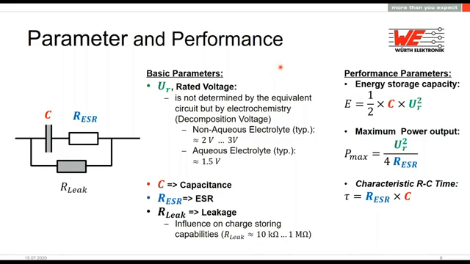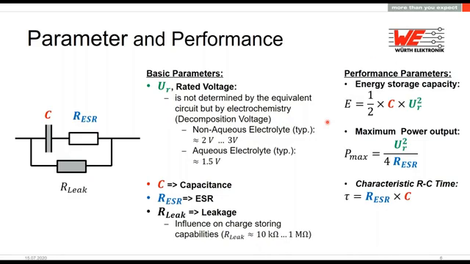For the non-aqueous electrolyte that we are using, this is between 2 volt and 3 volt. Depending on what kind of electrolyte is used, the rated voltage changes. The capacitance defines the energy storage, of course, and the ESR defines the maximum power output. And the insulation resistance defines the charge storing capabilities.